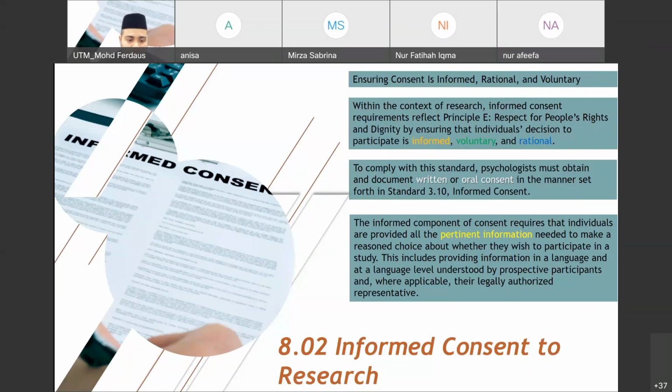To comply with this standard, we psychologists must obtain and document. We not only obtain it, we must document it, record it, write it down, written or oral consent in the manner set forth in Standard 3.10, Informed Consent, which you have learned with Dr. Alizi before.